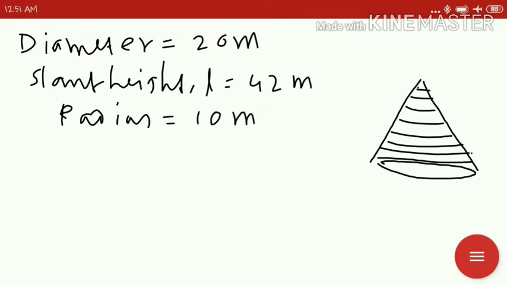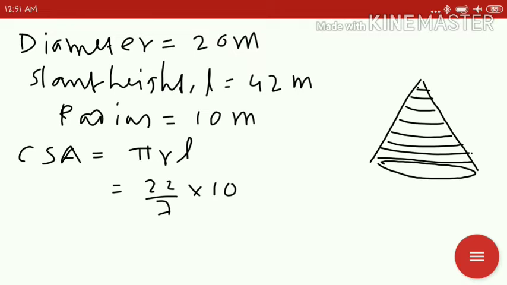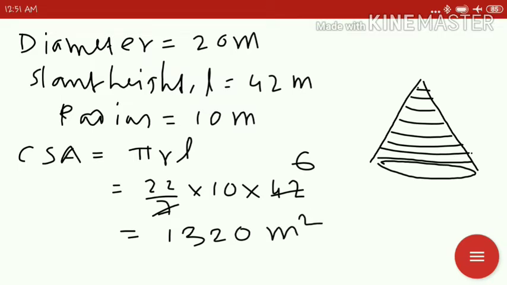So now we need to find out the curved surface area. So apply the formula, that is pi RL. So 22 by 7 we are taking as the value of pi, and radius is 10 and L is 42. If we cancel out 7 into 42, it will give 6, and then the answer will be 1320 meter square. That is the curved surface area.